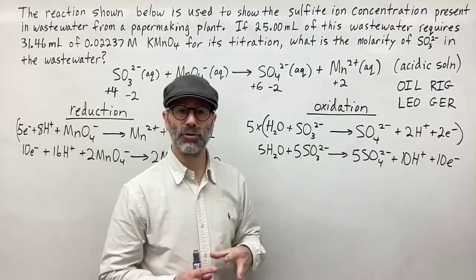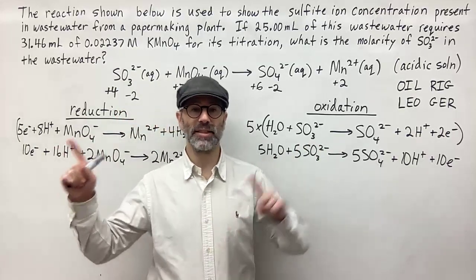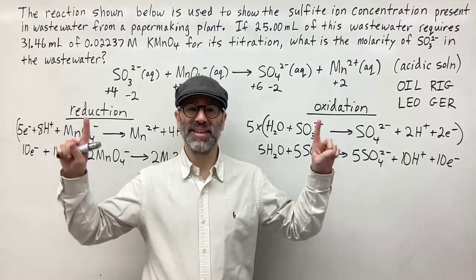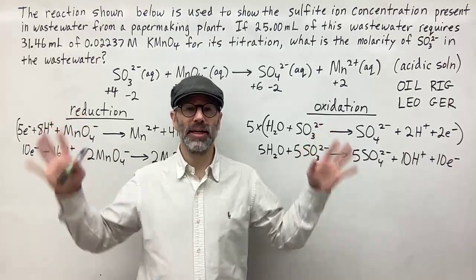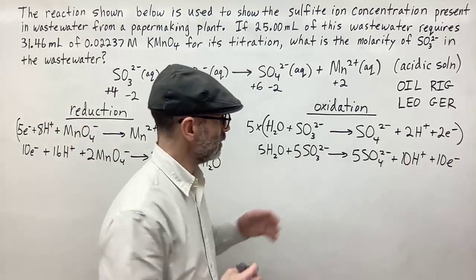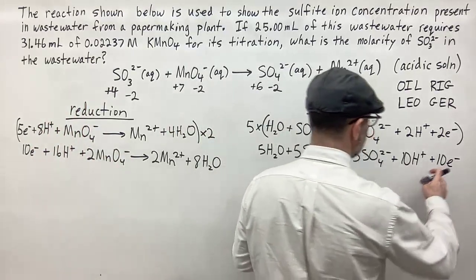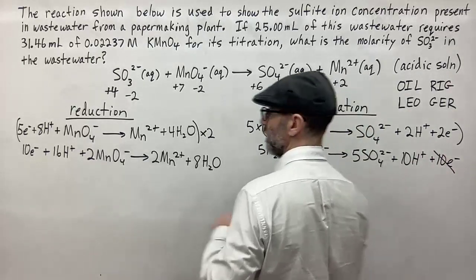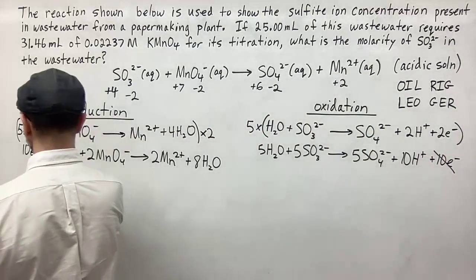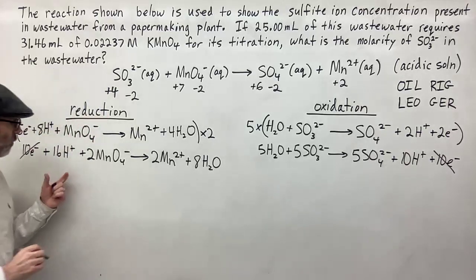But I have to cancel things out that are on the reactants and product side. If you have the same thing on the reactants and product side, you can cancel things out. Just like with the electrons, I have 10 electrons here on the product side and 10 electrons here on the reactant side, so that can cancel out.